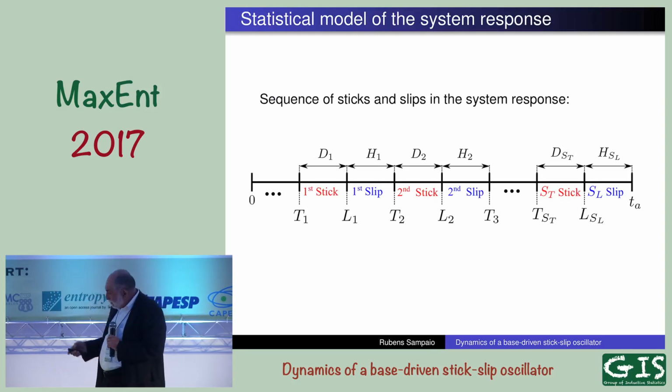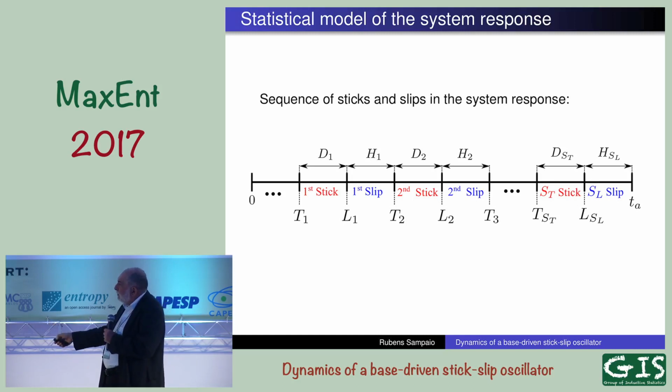So that's what I want to get. I just put here a picture to show you the sort of random variables I want to deal with. So I am going to study my process with these random variables that I'm going to tell you what they mean. For example, this thing here is the start, the instant that the first stick starts. Here starts the second stick, here starts the third stick, and so on. Here is the start of the first slip. That's the same thing as the end of the first stick.